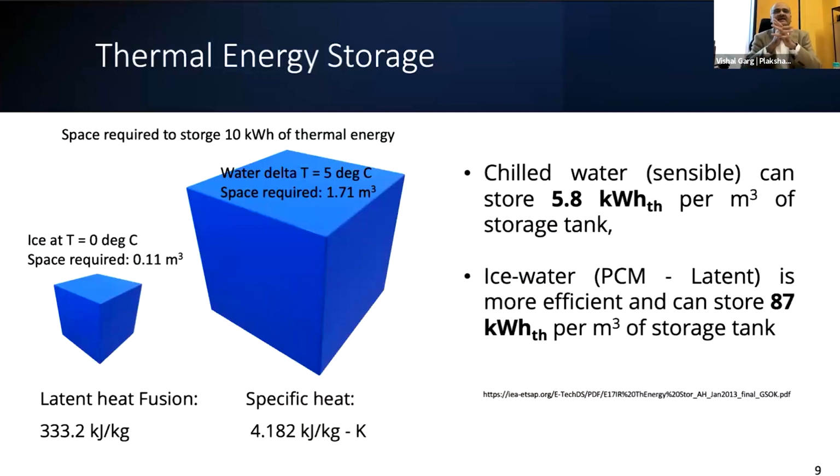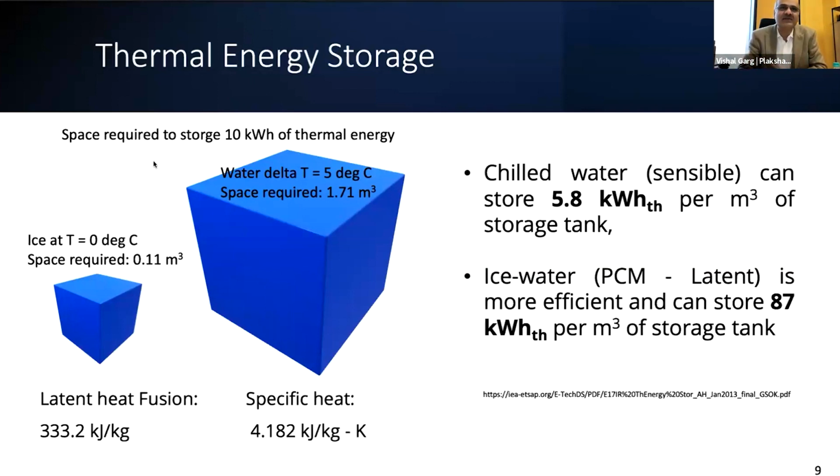Just to give you an idea of why we would like to go for latent heat based storage: here we have, say for example, water. The sensible heat for water is much lower as compared to the latent heat for water. So for a lesser space and lesser volume, we can store much more heat.